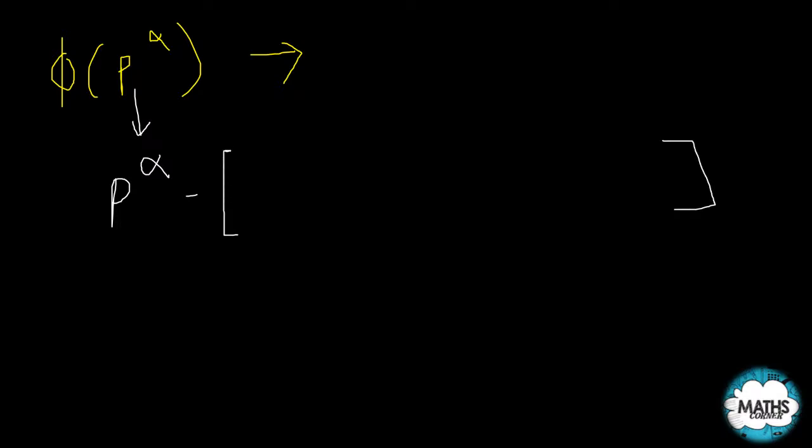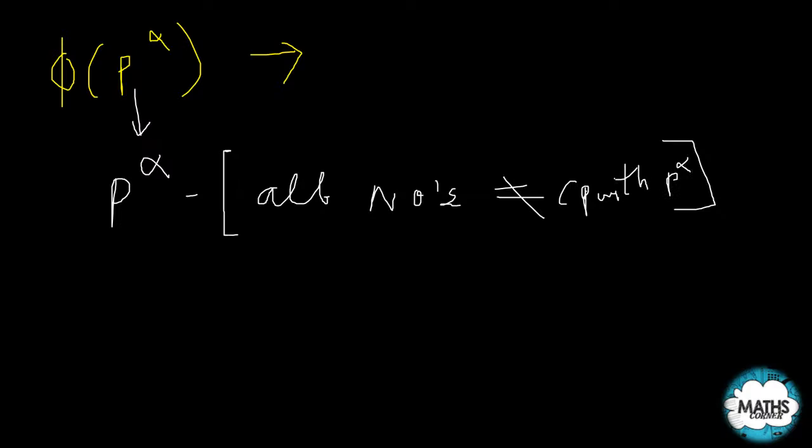From this I will subtract all the numbers which are not co-prime to p to the power alpha. This is the principle of inclusion and exclusion, and it's a very basic thing.